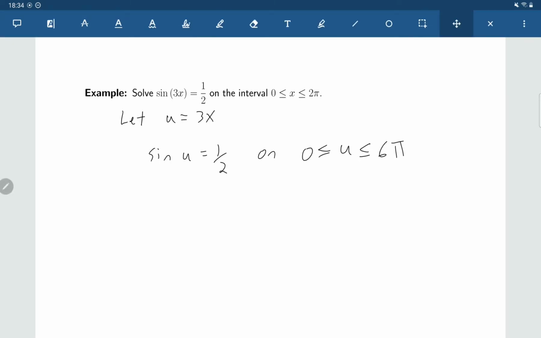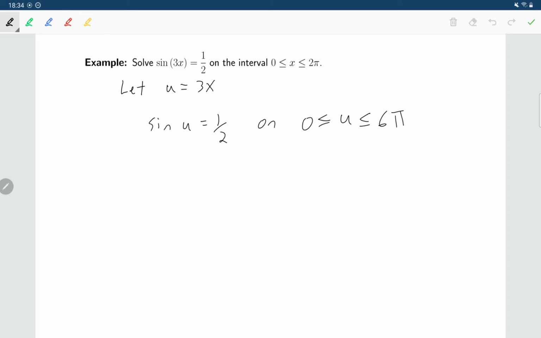Okay, so let's start off with this. We're looking for sine of u being equal to 1/2. So we know that sine inverse of 1/2 is equal to u, and that definitely does have a solution.